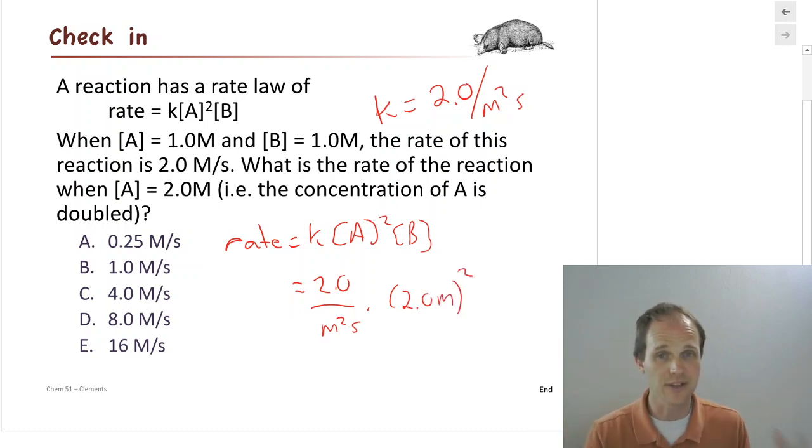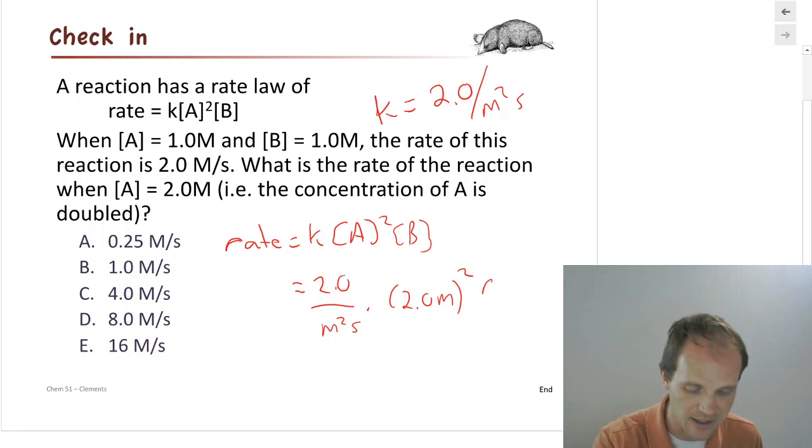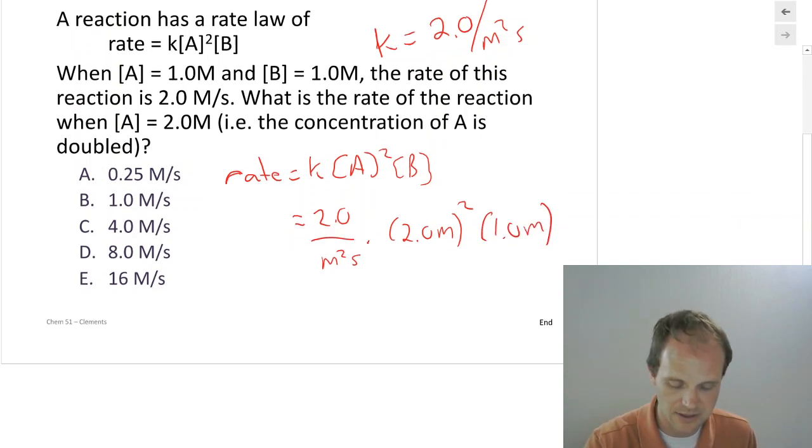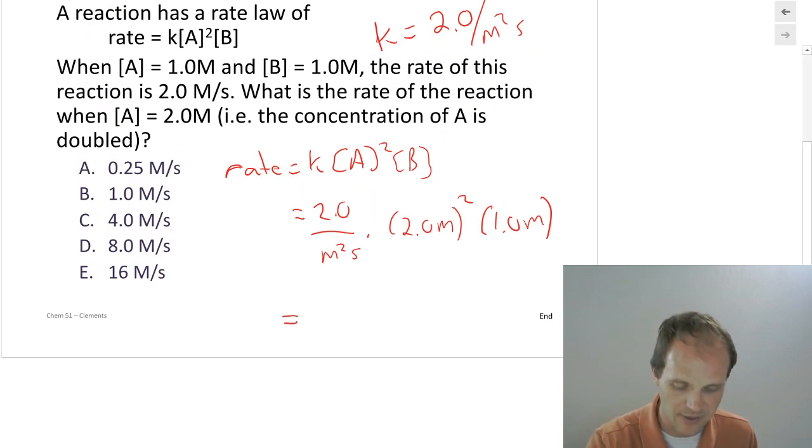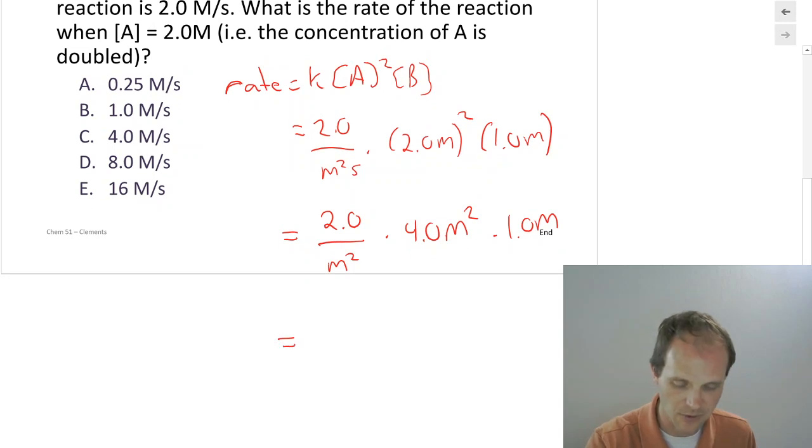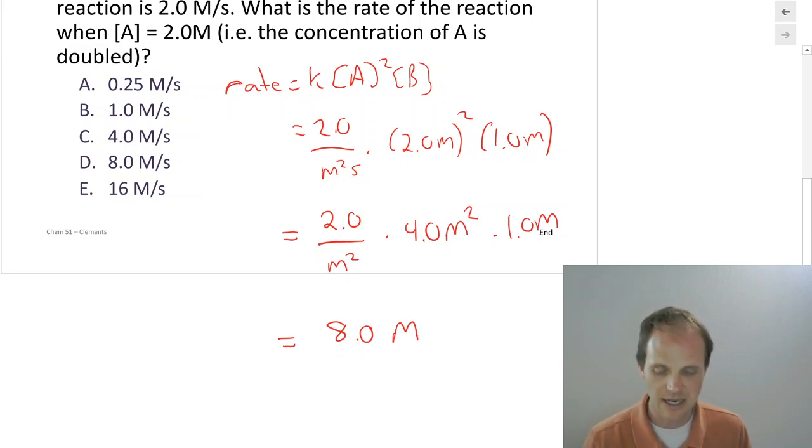You have to square the whole thing, square the concentration of A. And B is 1.0 molar still, because it didn't show us as changed. And what we have is 2.0 per molar squared times 4.0 molar squared times 1.0 molar. 2 times 4 is 8, 8.0 molar cubed on top, molar squared on the bottom, 8.0 molar.